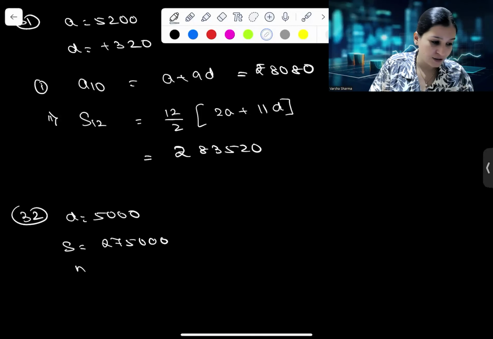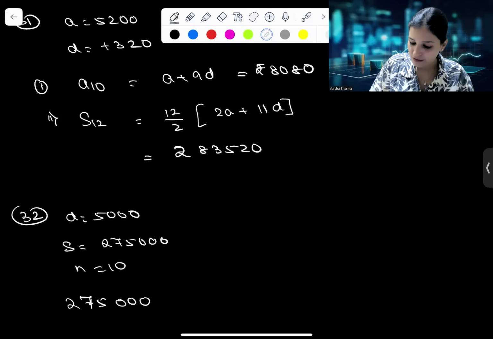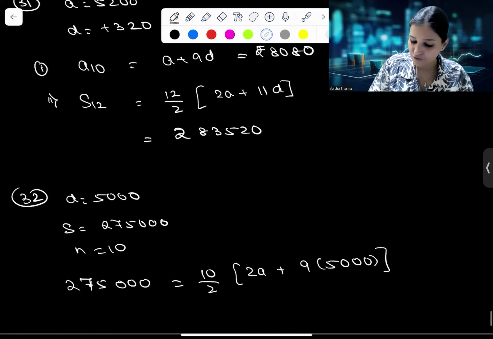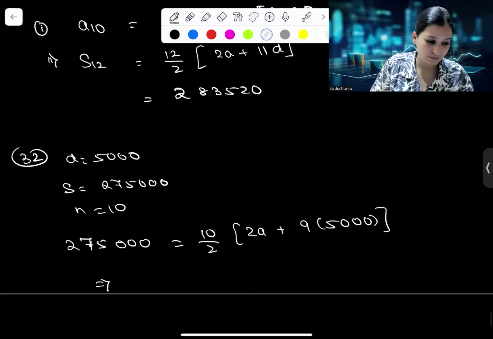N is 10 years. What we want to find is A. So 2,75,000 is n by 2, 2A plus n minus 1 into D. Answer of A? 5,000 rupees. Very good. A is 5,000.